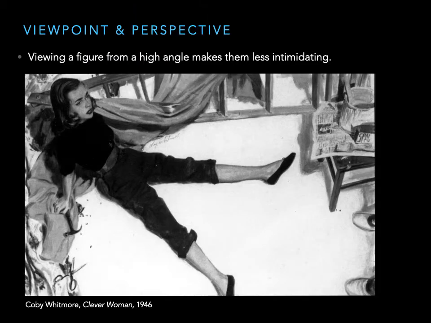Opposite way, we're viewing the figure now from above. She seems much less intimidating, and we can kind of look around and understand a few things if we start to see the narrative elements that are thrown in there. She's fallen off her ladder. She's been hanging drapes or things, and there's two feet on the right there. So someone has walked in, maybe she's been startled.